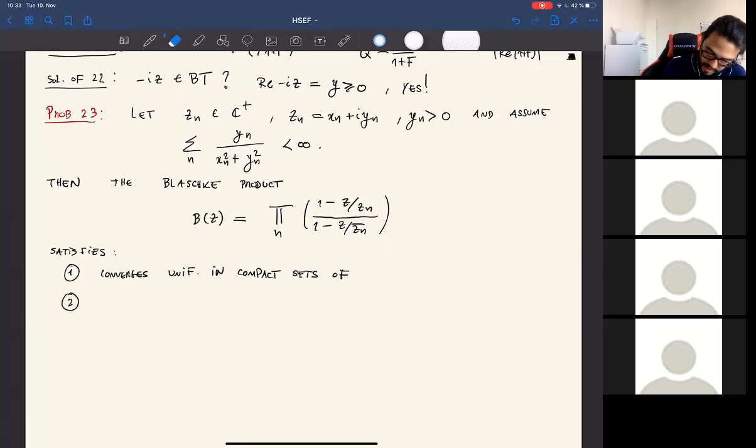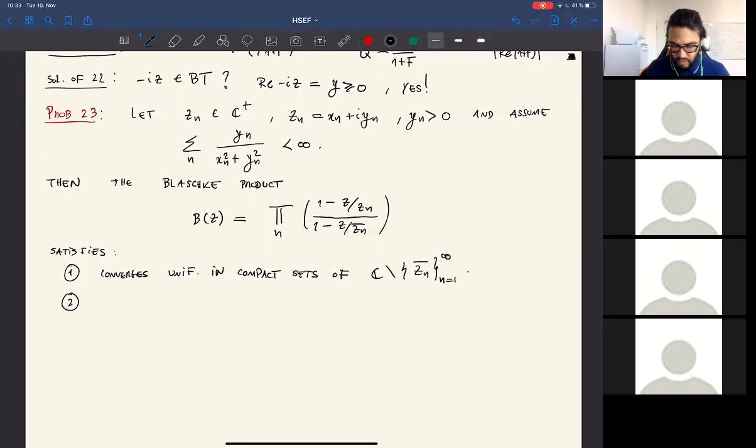Actually, I will look at the function in C plus, but you have even more. If you just avoid the singularities here, then it should be good. And so let me state here: compact sets of this open set means that I'm always at a certain positive distance from this set.